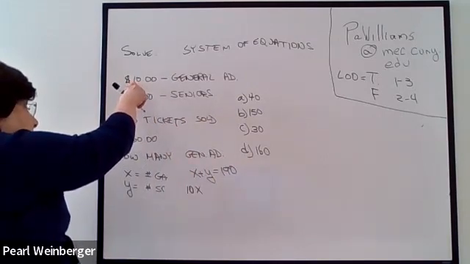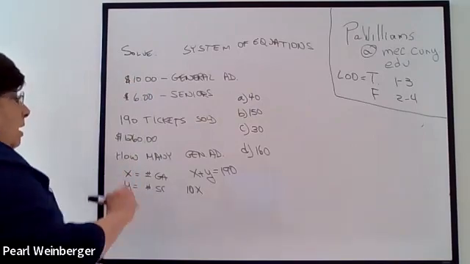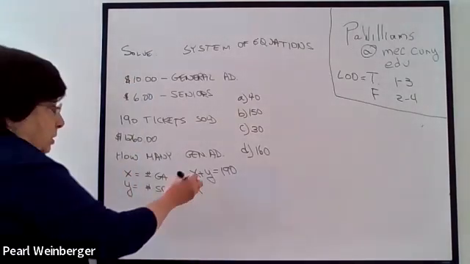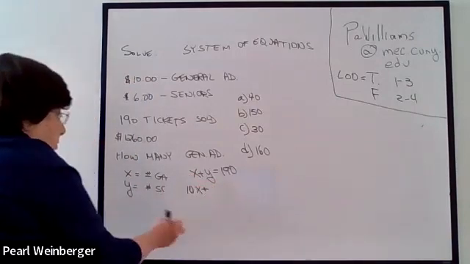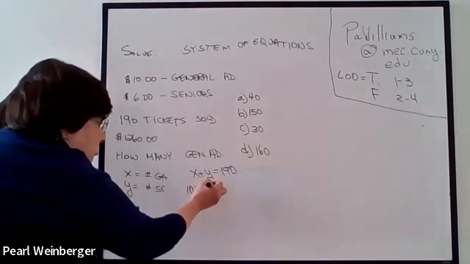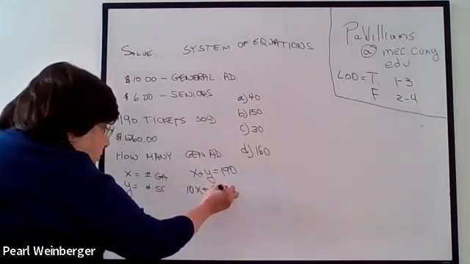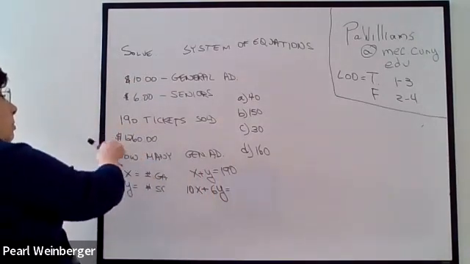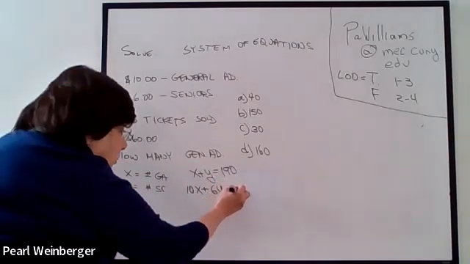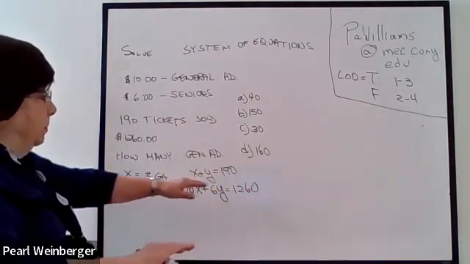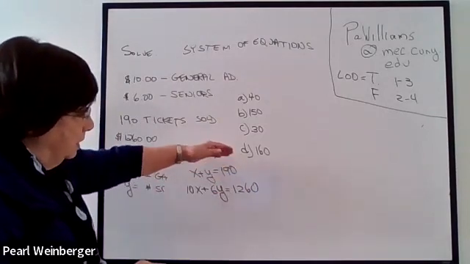So you have to multiply the 10 times the X to get how much money you're making from the general admission tickets, plus how much money you're making from the senior tickets, but each senior ticket is just $6. So you're getting 6y for the senior tickets. And that all adds up to the total amount of money, $1,260.